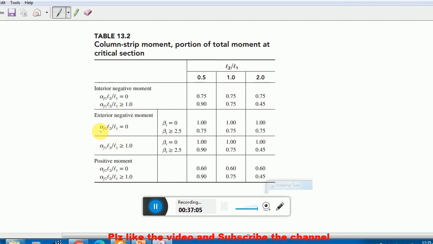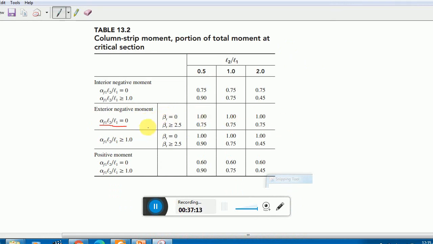You see, we have two cases here. One, when this value is equal to 0, then you have to use this table. But in our case, this value is 2.2, which is greater than 1.0, so we have to use this table.